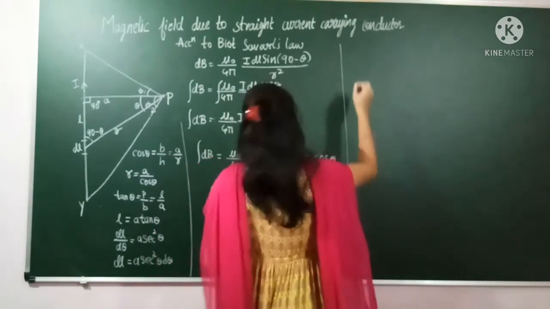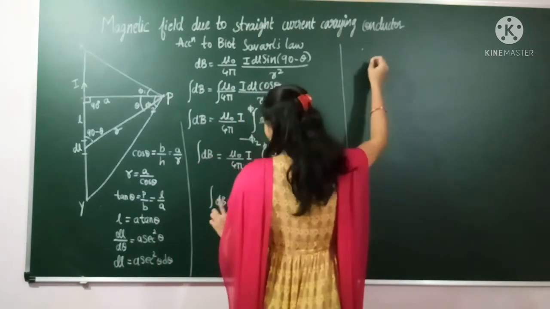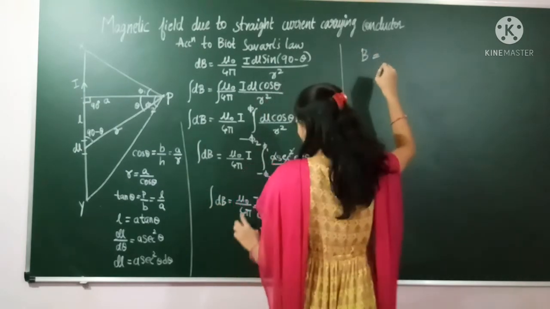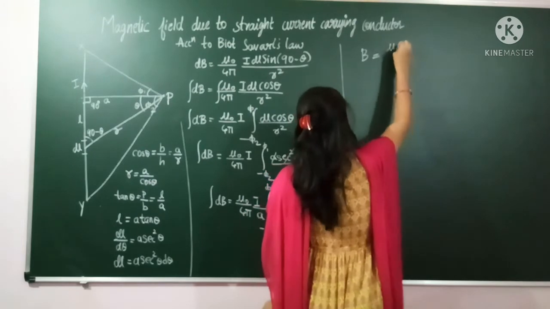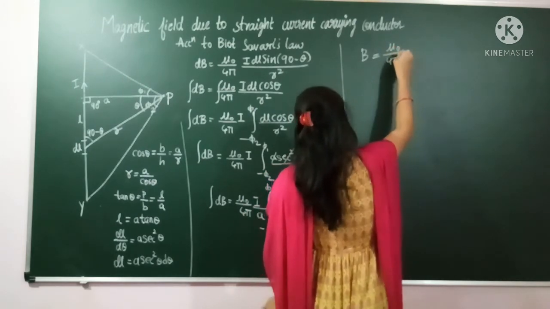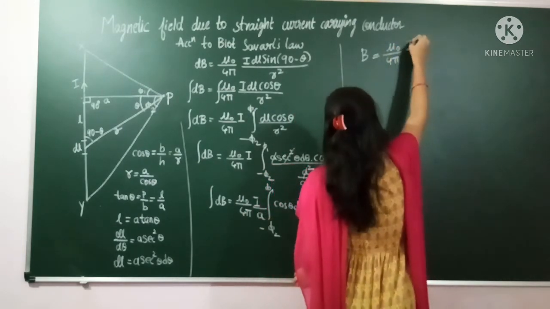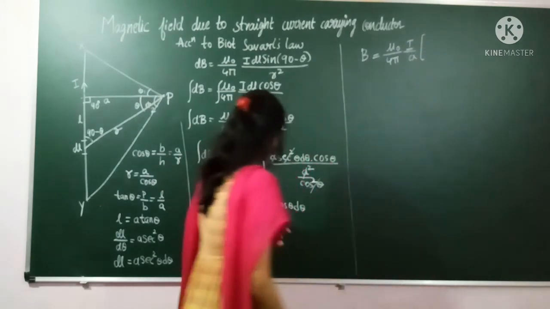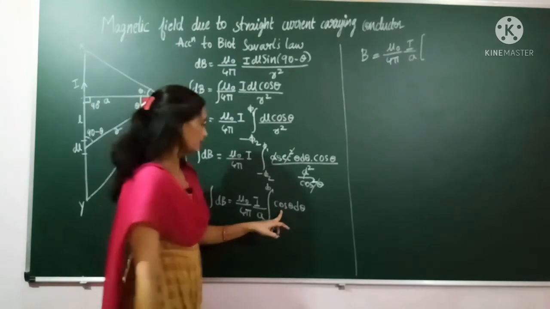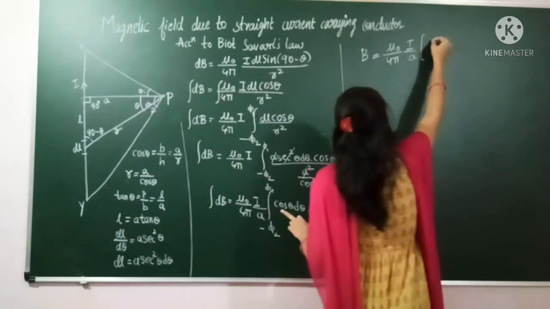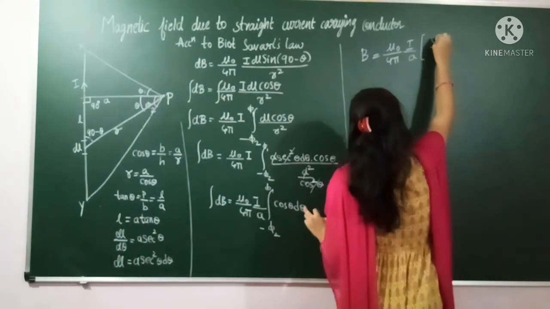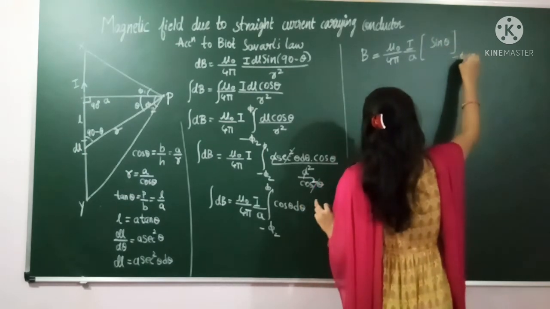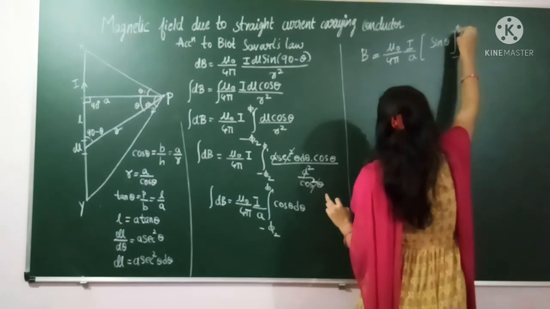Next, the same equation can be written as integration of dB becomes B is equal to mu naught divided by 4 pi, I divided by a. Integration of cos theta becomes sin theta, and our limits are minus phi 2 to plus phi 1.